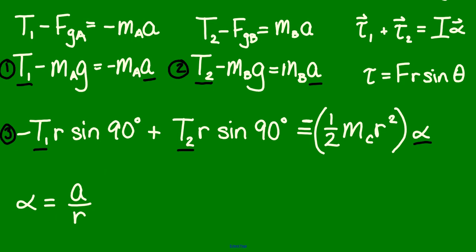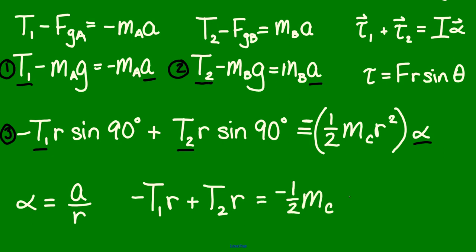I'm going to plug that into my torque equation. Negative T1R, we know that sine of 90 is 1, plus T2R, again sine of 90 is 1, equals negative 1/2 mass of my pulley, radius squared, times A over R. Now I have 3 equations with the same 3 unknowns, and so the rest of my work is algebra.